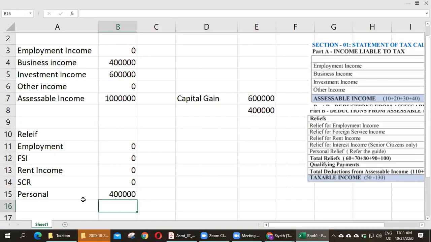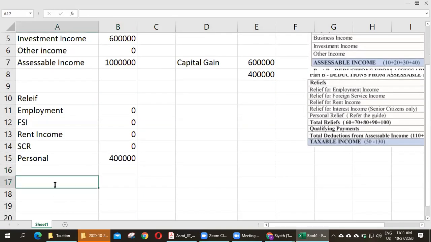Now, how much is taxable income? Assessable income minus total relief.